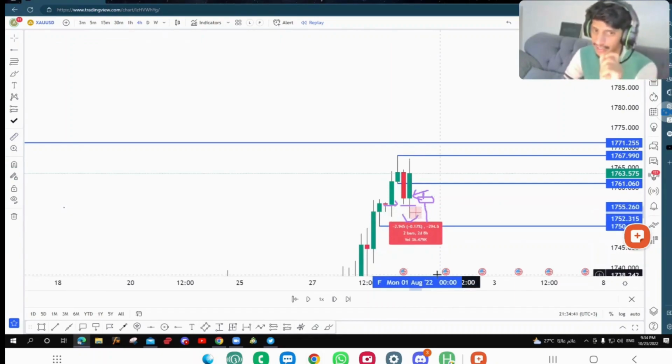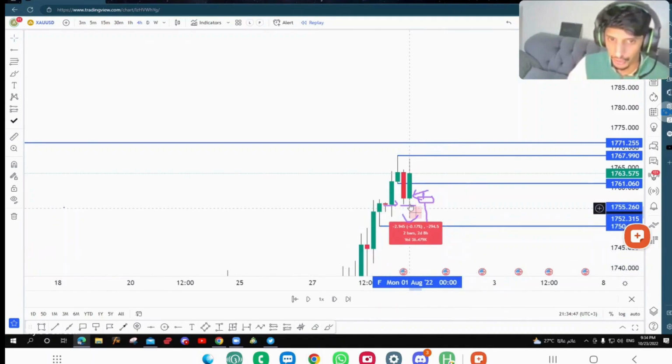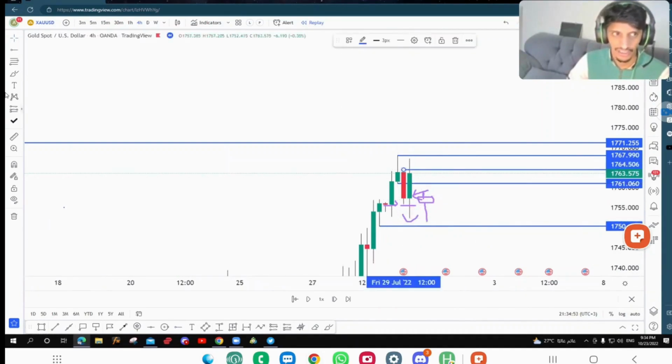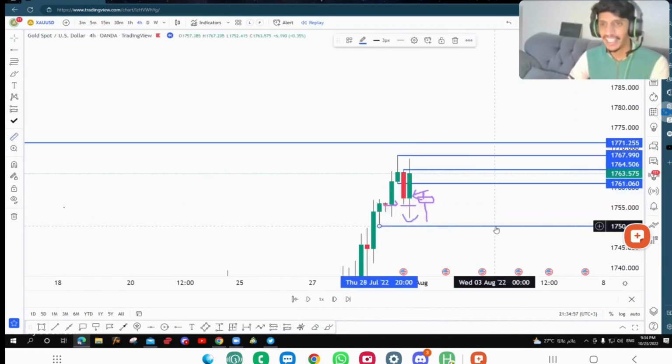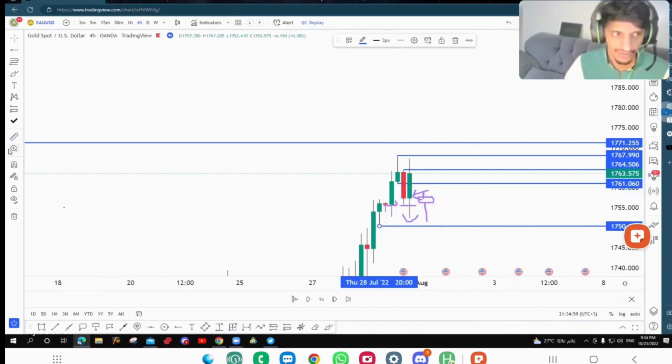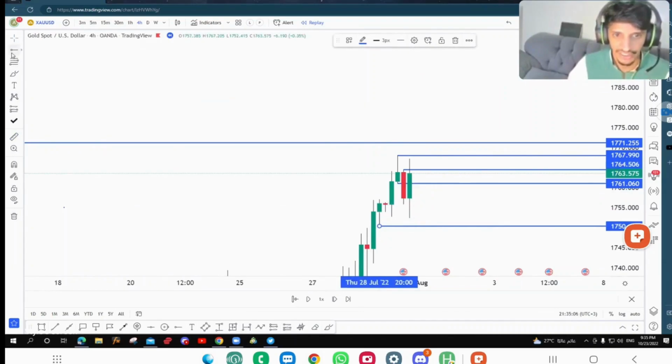This is 29 pips. But in order to get that 29 pips, you need to have your stop loss in here, around the upside of the previous candle high. So 88 pips. It doesn't make sense. A 3:1 ratio, it doesn't make sense. That's why you cannot take trades here.